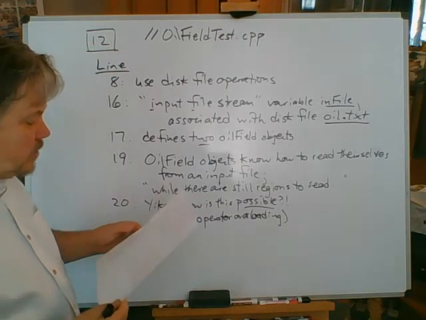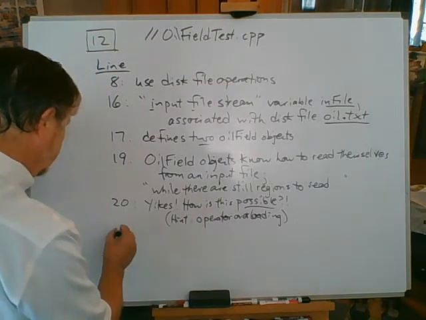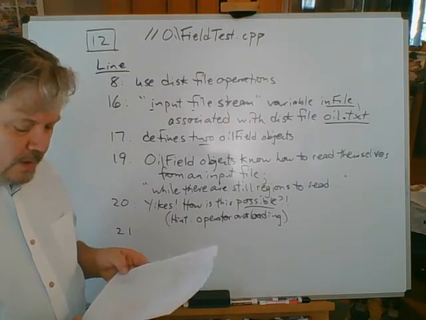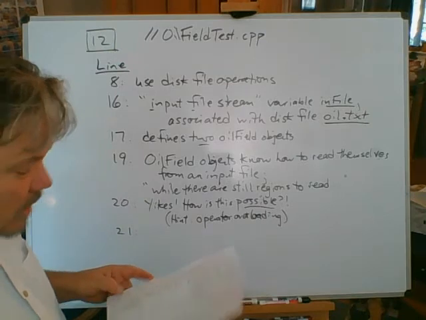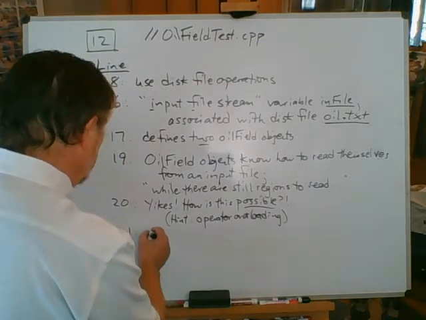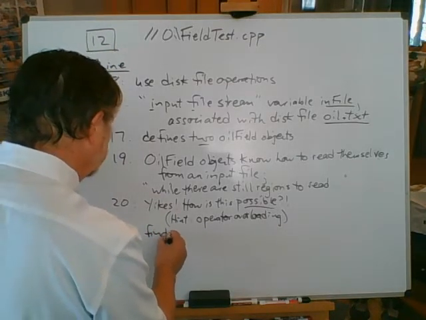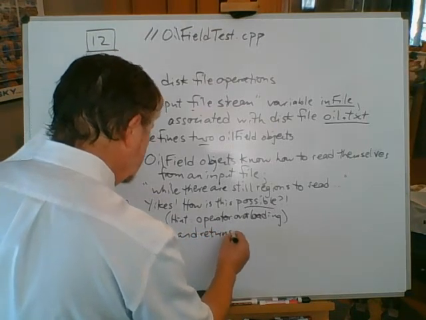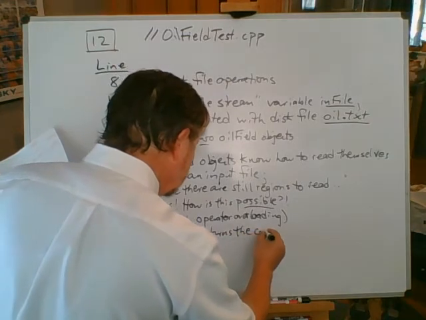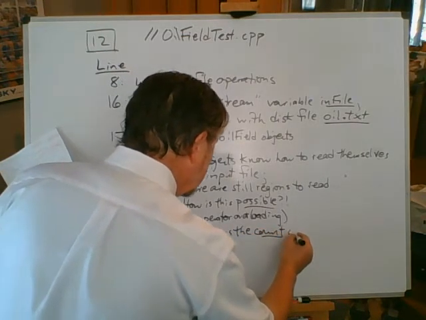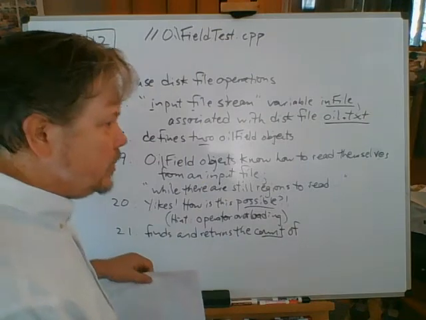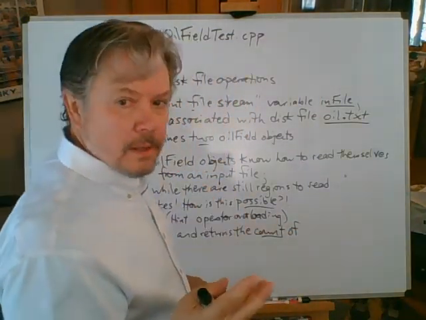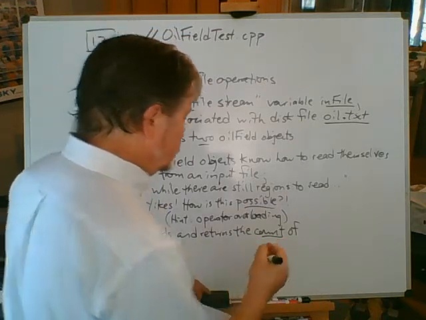Moving on, line 21. What's line 21 doing? Line 21 finds and returns the count of connected deposits in the current oil field. Finds and returns the count of deposits, and if you remember the terminology, a deposit is a bunch of connected pockets, where a pocket is one of the grid squares that has actual oil in it.